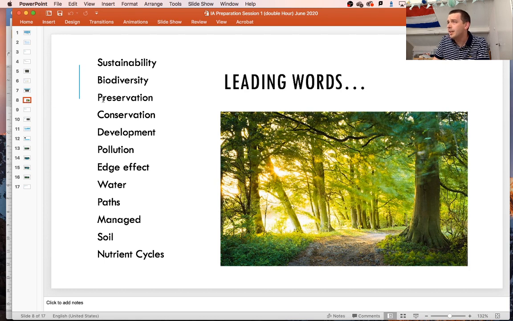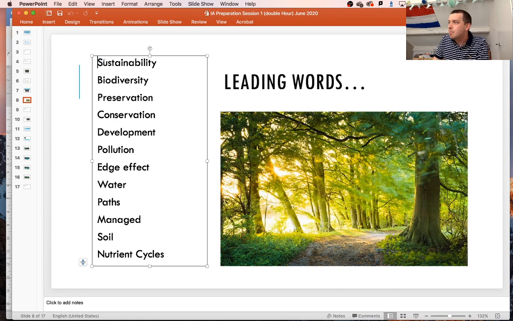And your job is to think about how the management or human interaction with this space, either in the Corvus bos or in the watercourses surrounding it, or maybe in the industrial area, how is the sustainability or the biodiversity affected by preservation or conservation? How does human development or pollution, especially at the edges, influence the land or the water?